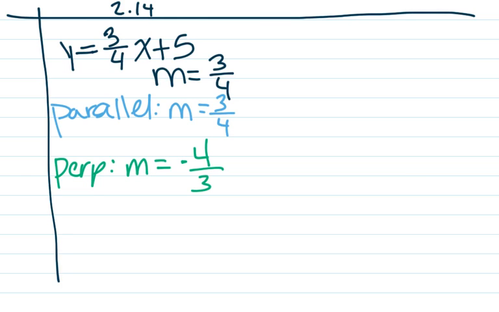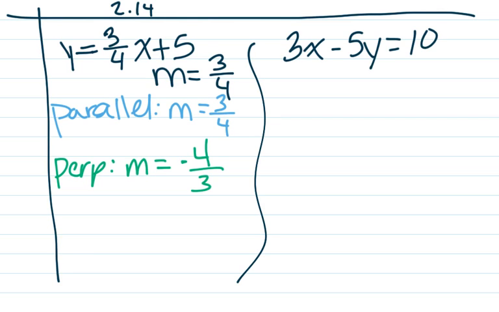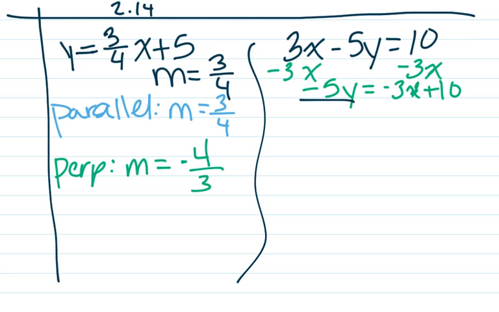I want to do one more here. If I have 3x minus 5y equals 10, I can't determine the slope yet because I have to solve for y first. So I'm going to subtract 3x from both sides. I get negative 5y equals negative 3x plus 10. Then I'm going to divide by negative 5.